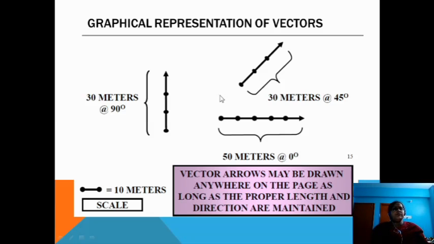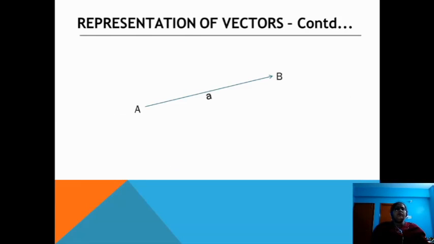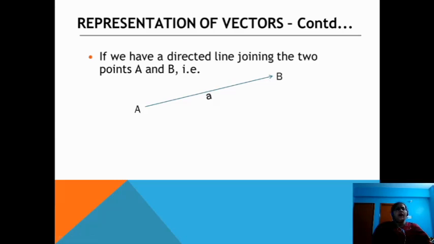And now how do we denote these vectors? When we use them in problems, we need to have some nomenclature. So the normal nomenclature is, we will show the vector like this. If A is the initial point or the starting point and B is the end point or the terminal point, we have a directed line like this. And how do we write it?